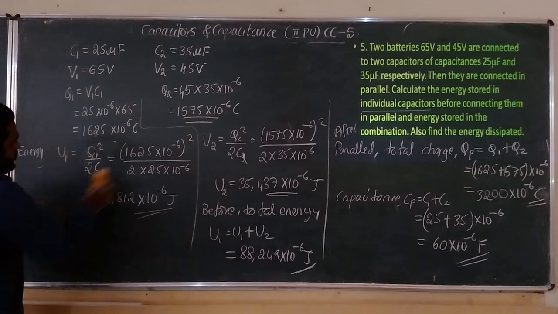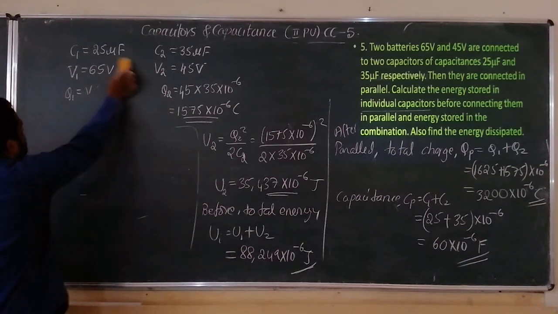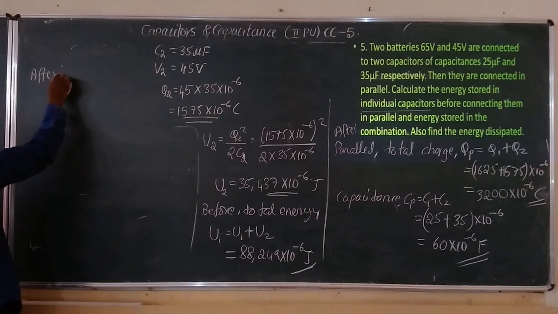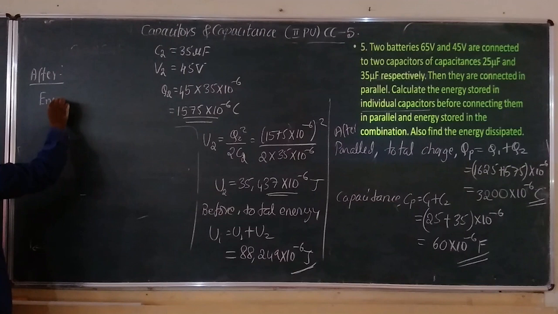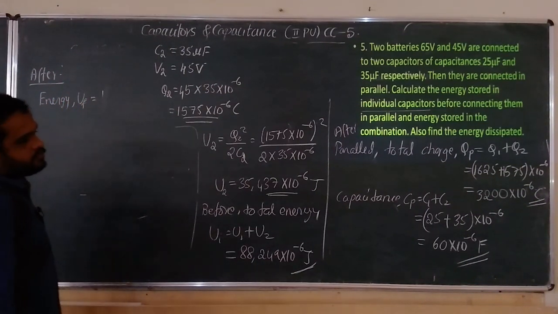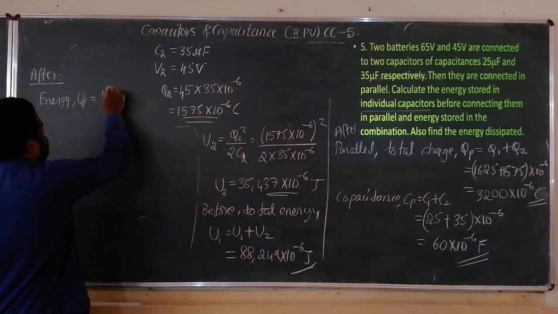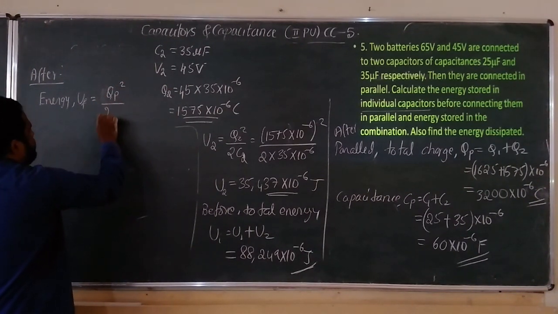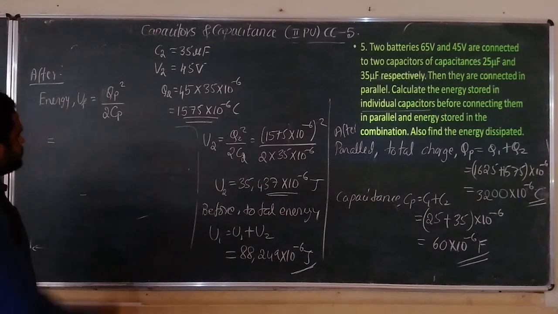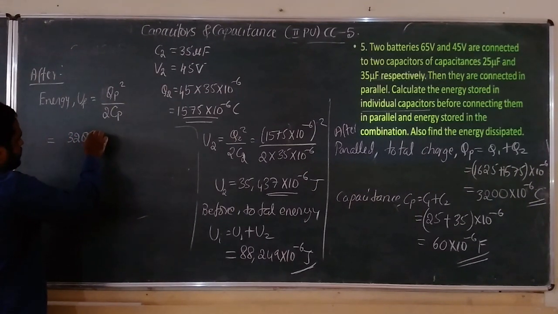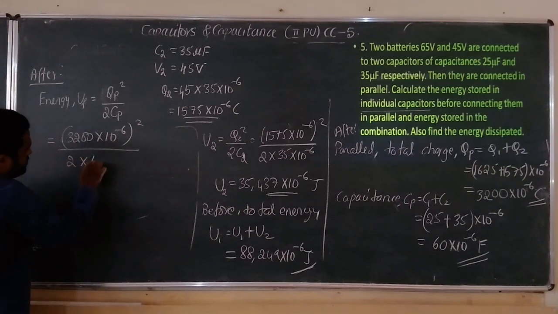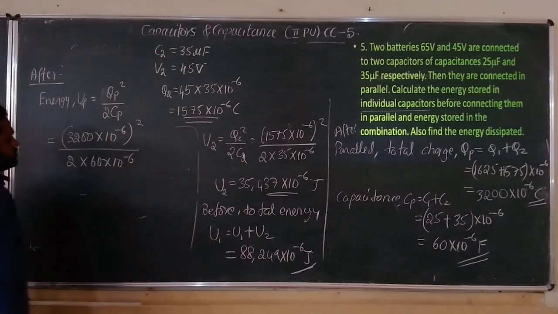Therefore, last part: after connecting in parallel, the energy stored in the capacitor, which I'll represent as UF, is equal to Q squared divided by 2Cp. Substituting the values, total charge is 3,200 into 10 to the power minus 6, squared, divided by 2 into 60 into 10 to the power minus 6.